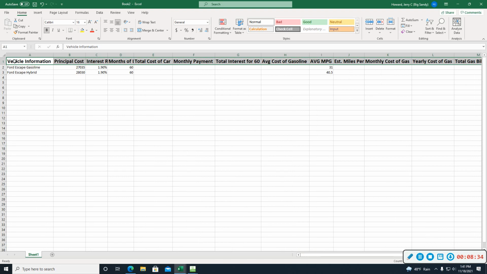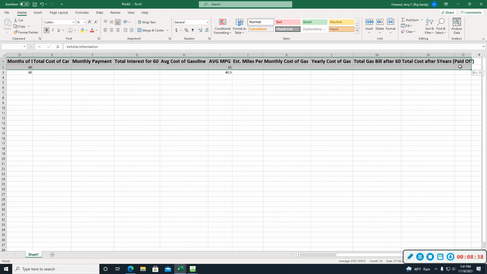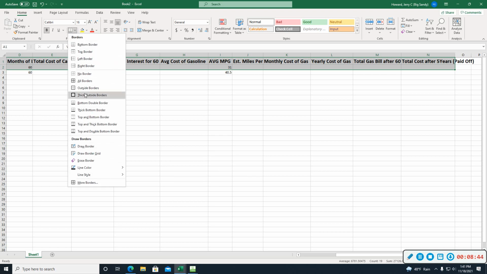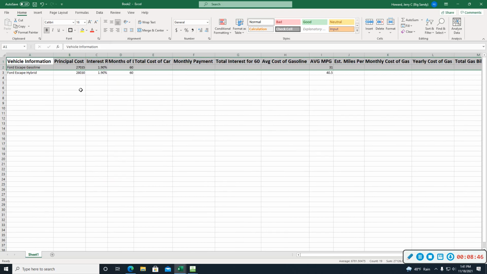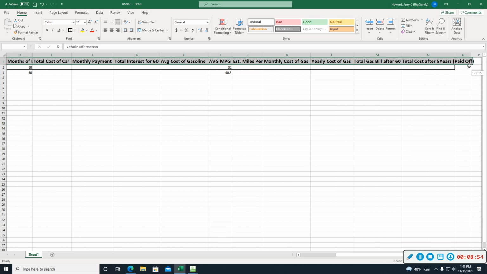And I want to go in too, and I'll grab all this all the way over to here, and I want to come up here and thicken up that border. Actually, I just want this one. I want all of those all the way over to there.